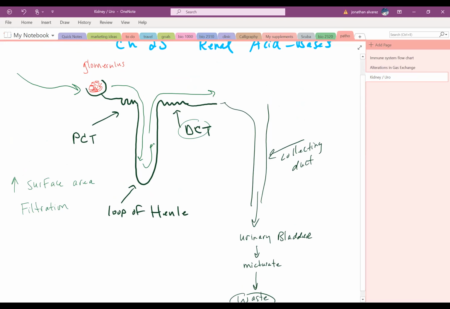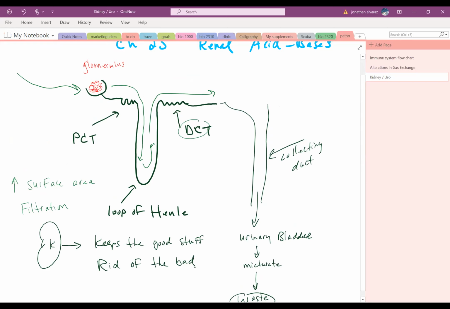Okay, another way of looking at the kidneys is it keeps the good stuff and gets rid of the bad.